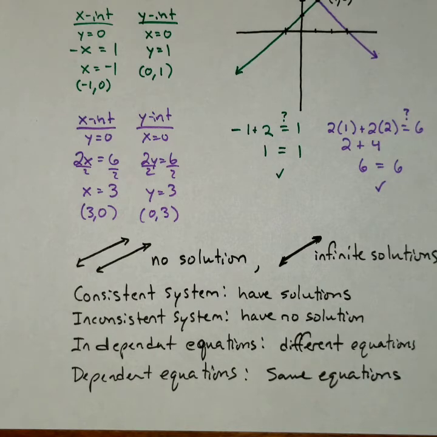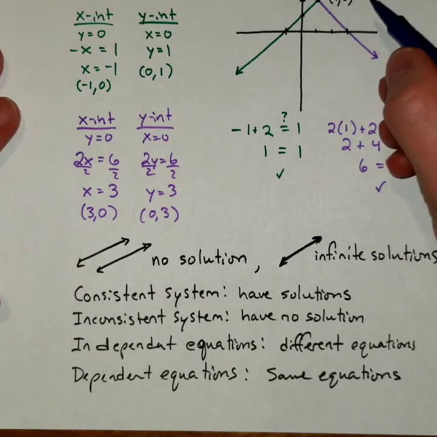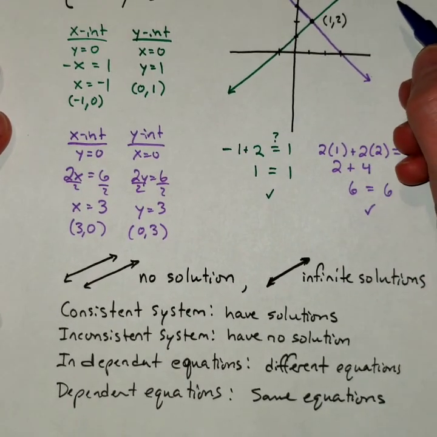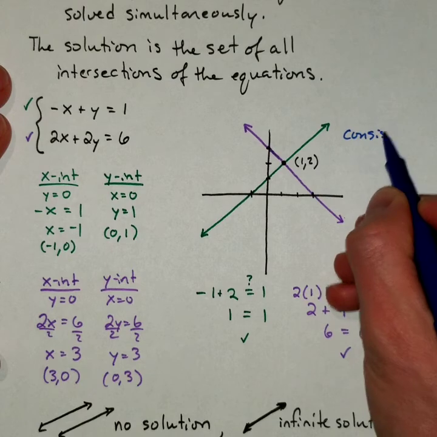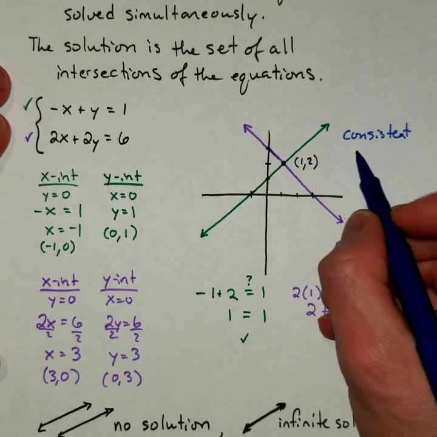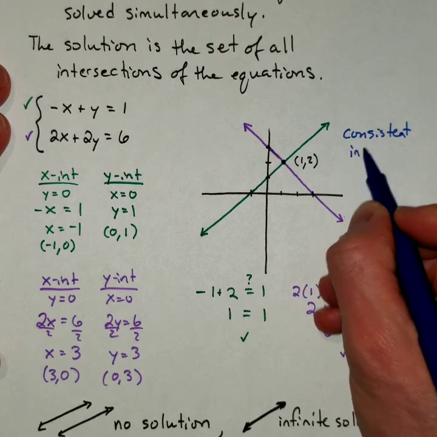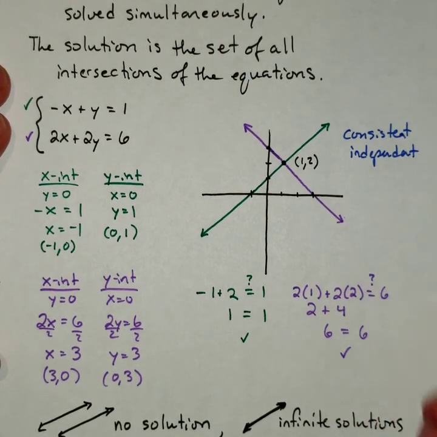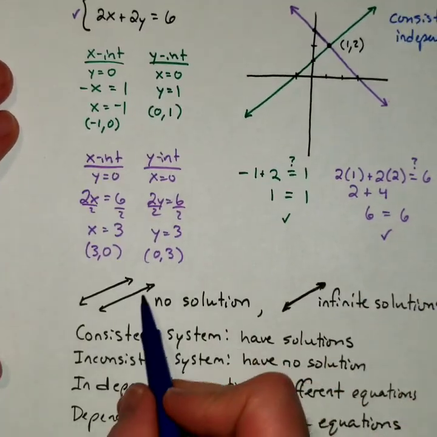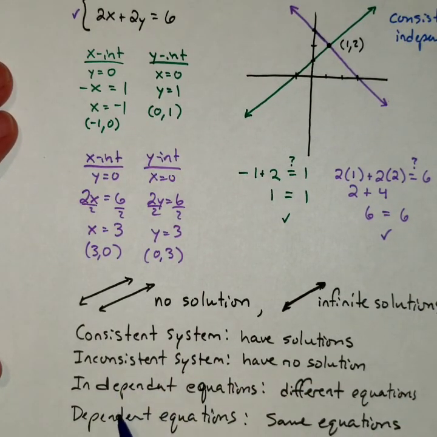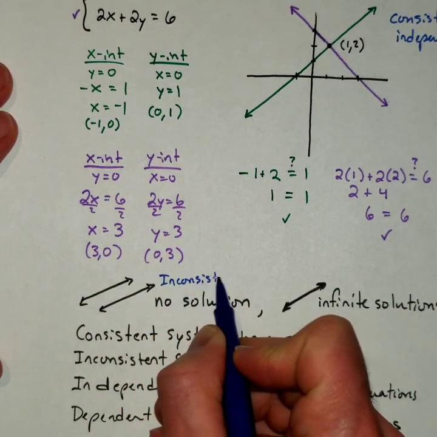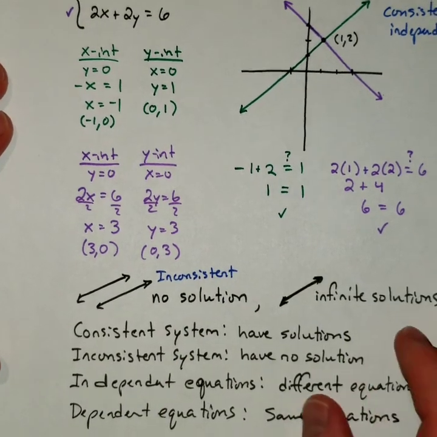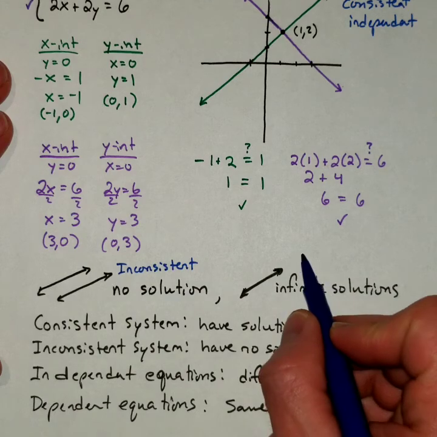The first category up there at the top where there's one solution, that's considered consistent with independent equations. The no solution case here with parallel lines, that is inconsistent. And then the infinite solutions, we would call that consistent with dependent equations.